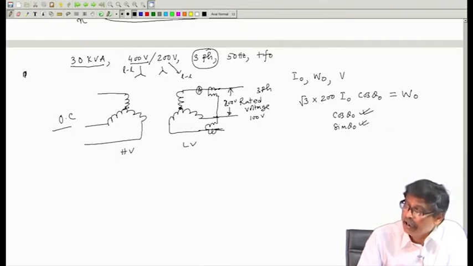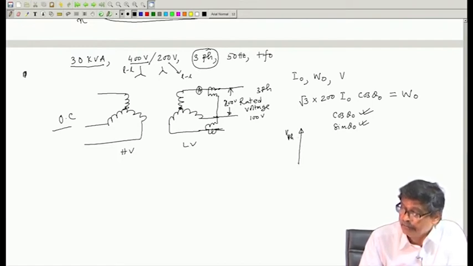Then, if you have applied per phase voltage, use the per phase equivalent circuit. So, V phase, and this will be your no load current, then this is theta naught, just like single phase. Then break it up into 2 components, that is magnetizing and ICL.